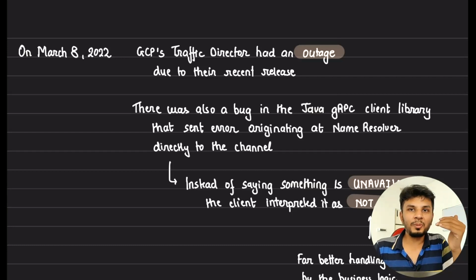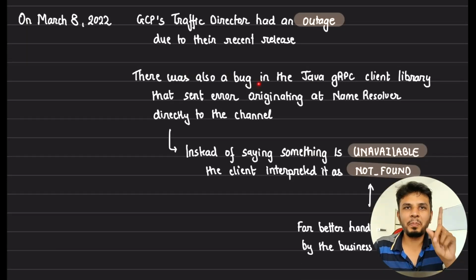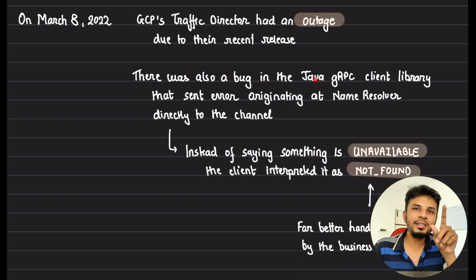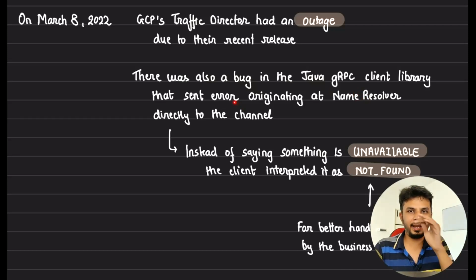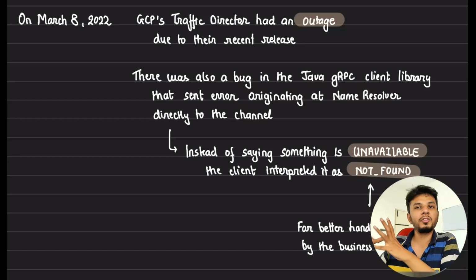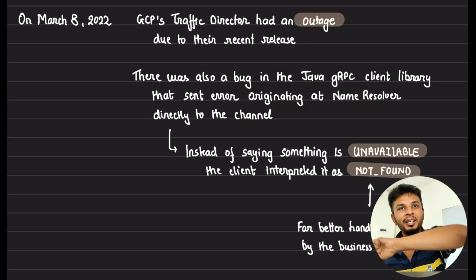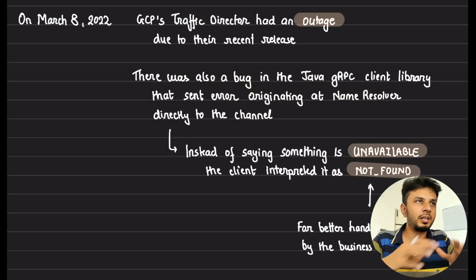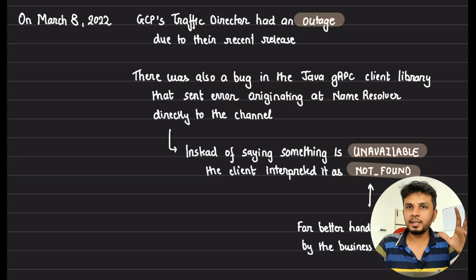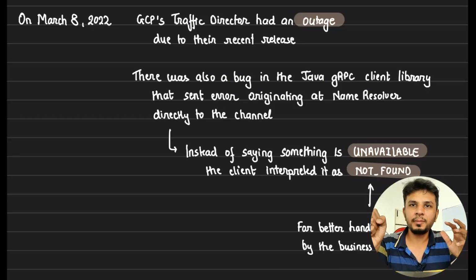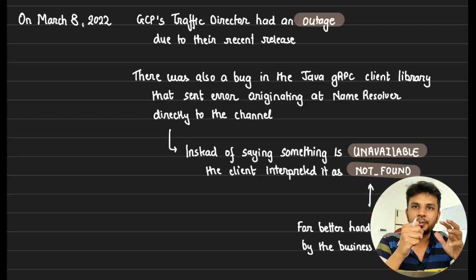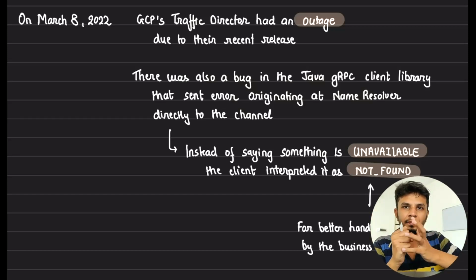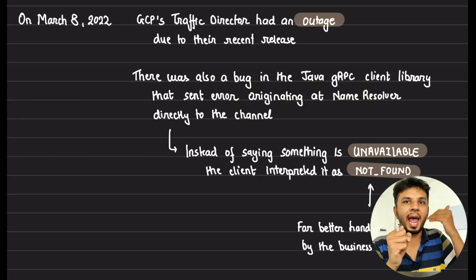Apart from that, a very interesting thing was that there was also a bug in Java's gRPC client library that sent the error which originated as part of the name resolver directly to the channel. Typically, when your dependent service has an error, you have to wrap this error and add some context to it.